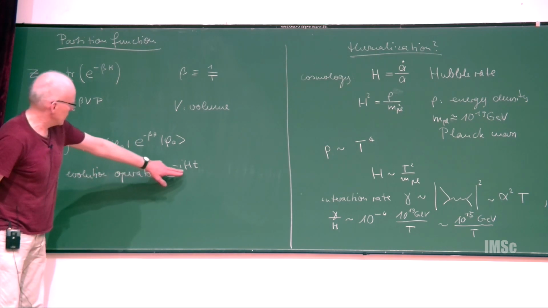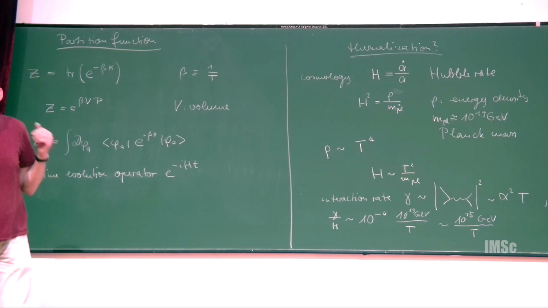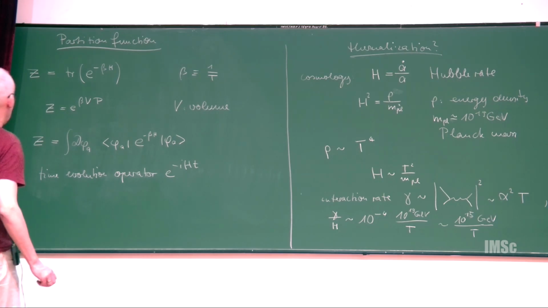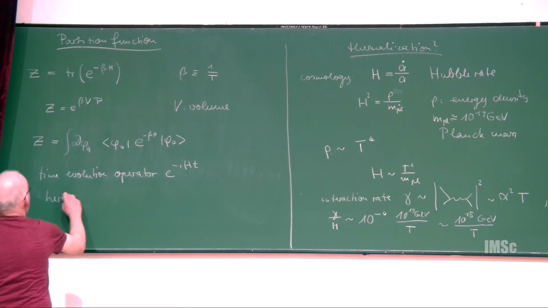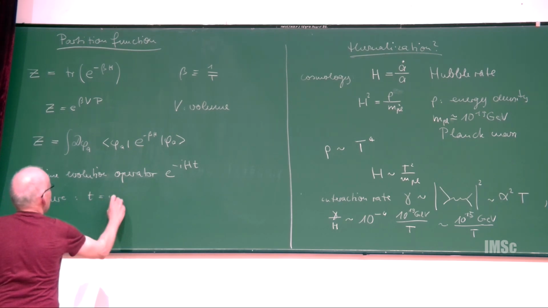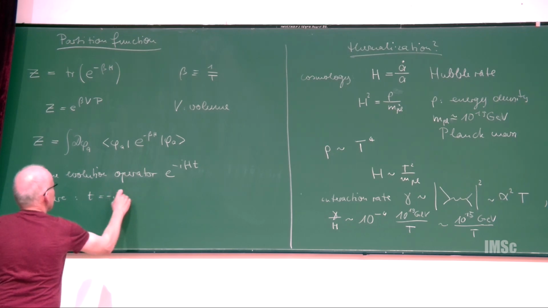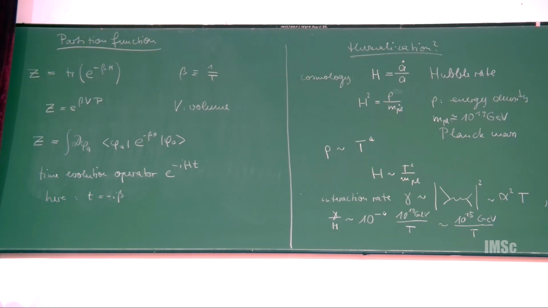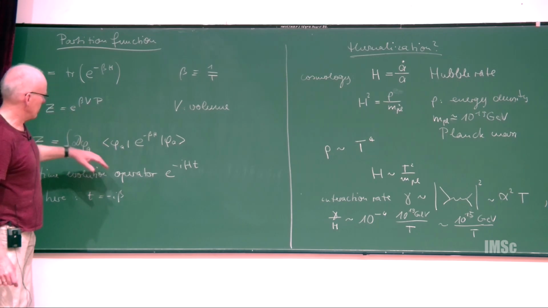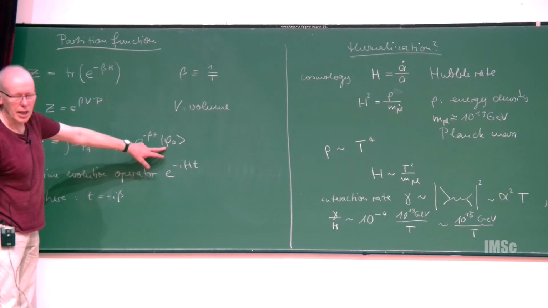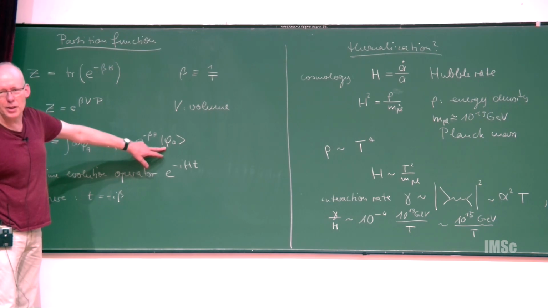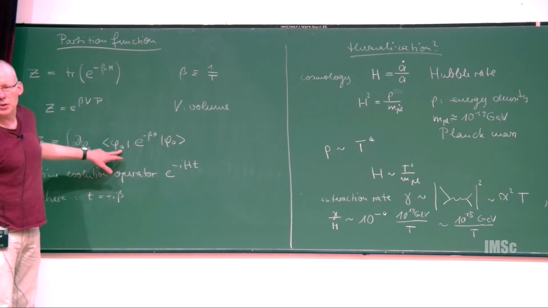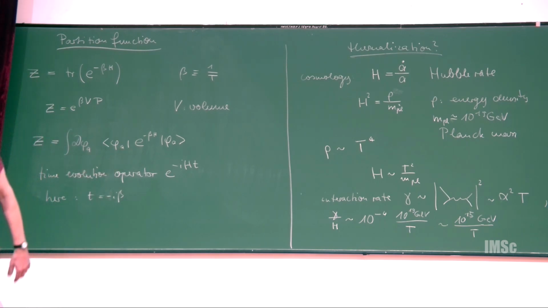And then if we compare these two expressions, we indeed have a time evolution, but not in real time, but in imaginary time, from 0 to minus i beta. So here t is minus i beta. So we have basically the picture that our state phi a evolves in imaginary time, and then you take the scalar product with the same state here.